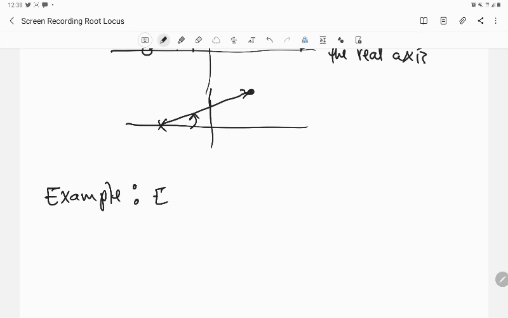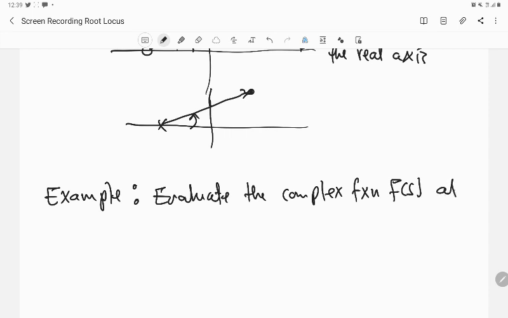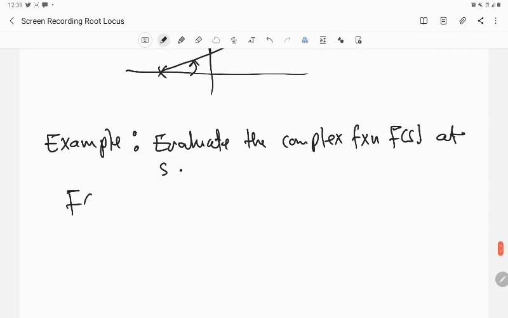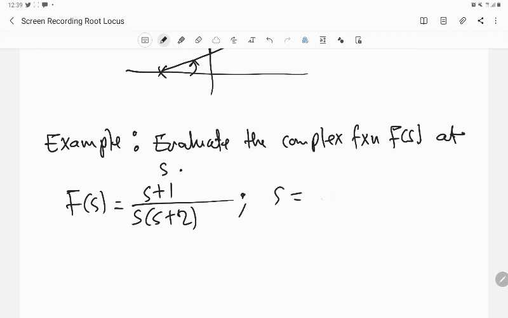Let's evaluate the complex function f of s, where f of s is given by s plus 1 over s into s plus 2, and s equals minus 3 plus j4.